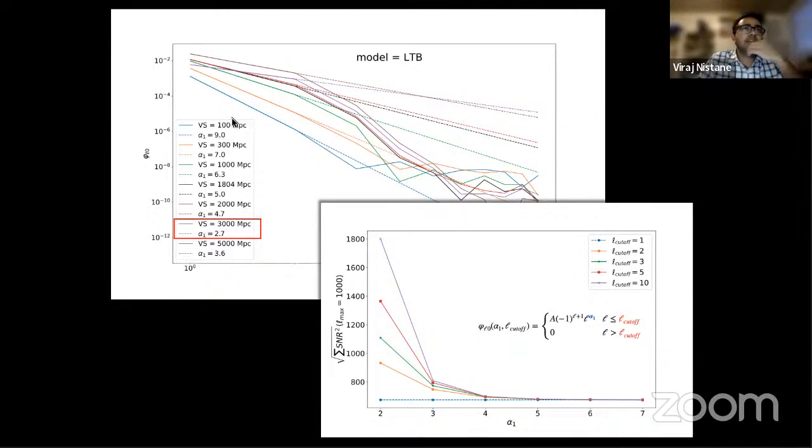We have varied the void size from 100 to 5000 megaparsec. 5000 megaparsecs is already quite a high void size to be considered, given that the total comoving distance to the last scattering surface is around 11,000 megaparsec. So we obtain a low value of the slope.